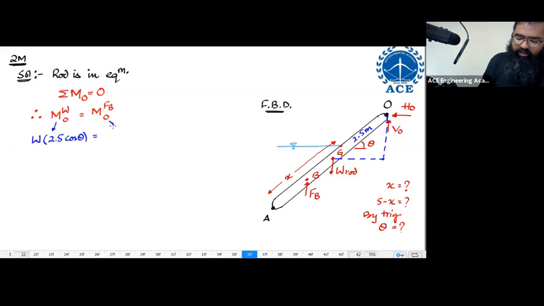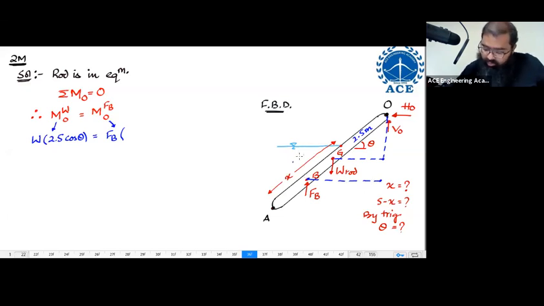This has to be equal to FB multiplied by the lever arm. The lever arm over here is going to be this distance from here to here. Ask yourself, how much is this distance?